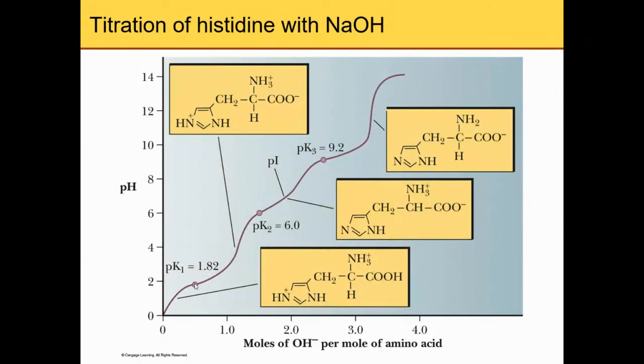So below 1.82, the dominant form would be this one, positive 2. And if it's above 1.82, then the dominant form will be this one, positive 1. At exactly this pH, 1.82, the amount of this plus 1 and the amount of plus 2 will be equal.